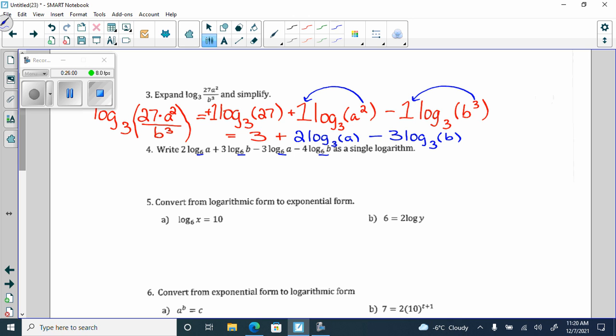Remember? So here, this 2 needs to come up here. So we're going to get log base 6 of A squared plus log base 6 of B cubed minus log base 6 of A cubed minus log base 6 of B to the 4th.